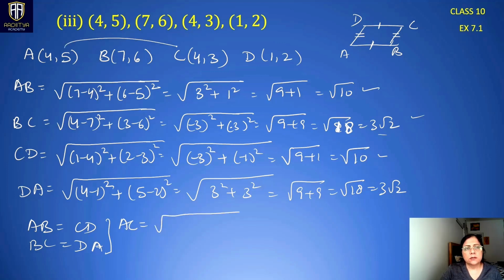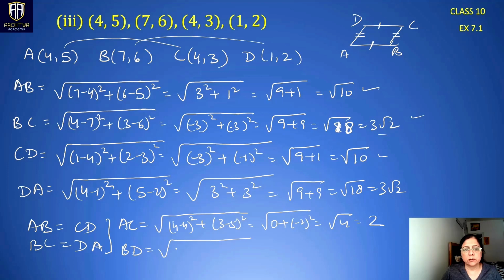AC is 4 minus 4 square added to 3 minus 5 square. Right, so this is 0 added to 3 minus 5 is negative 2 square, that is 4, so this becomes 2. Then find BD. BD is 1 minus 7 square added to 2 minus 6 square.